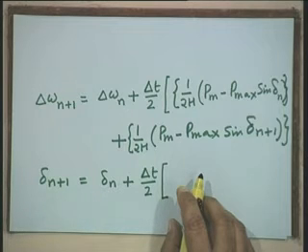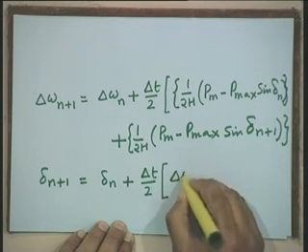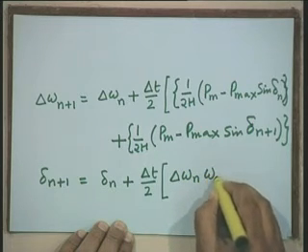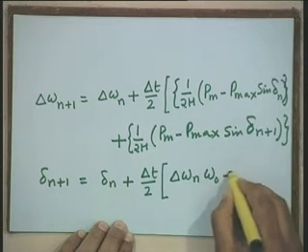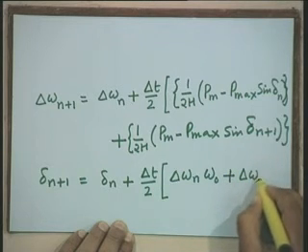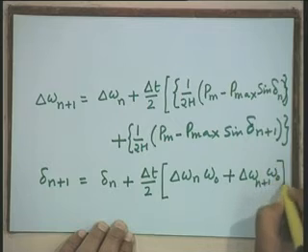Now, in this case it is delta omega n into omega naught plus delta omega n plus 1 into omega naught.